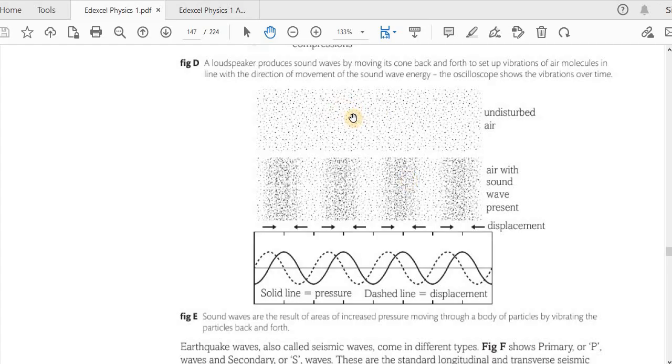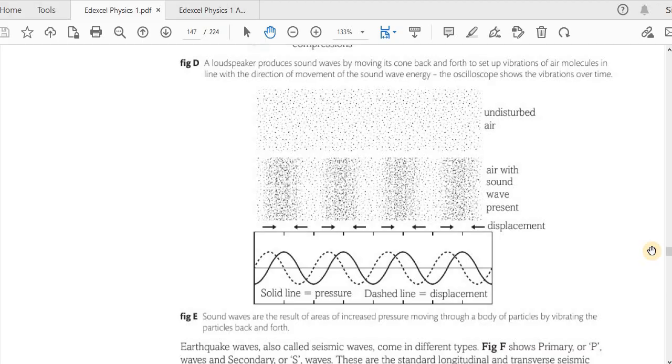Normally, if there is no sound, the air molecules will be like this, undisturbed, evenly spread out. But when there is a sound wave traveling, you will see that some areas have a greater concentration of air molecules. Like for example, you see here, and here, because the air molecules are brought closer together.